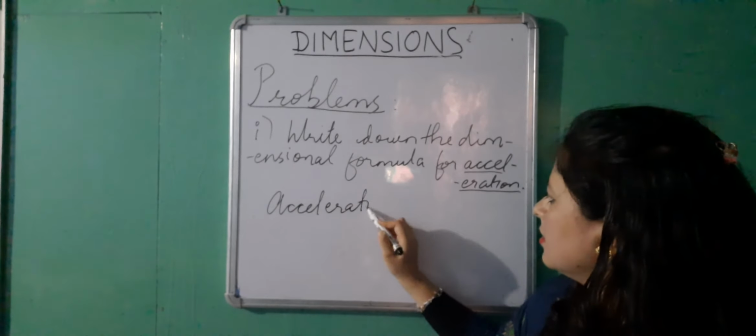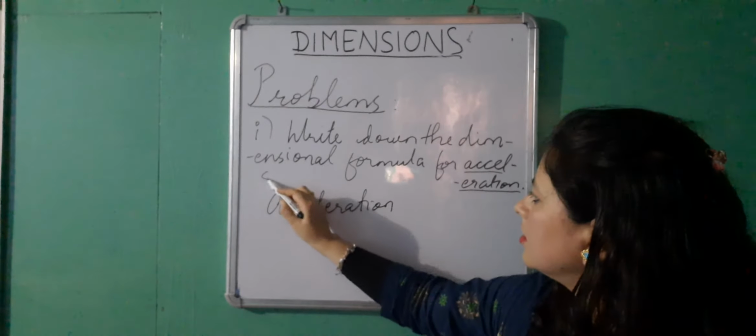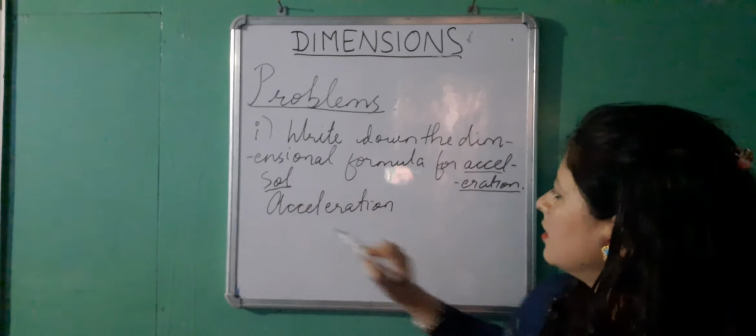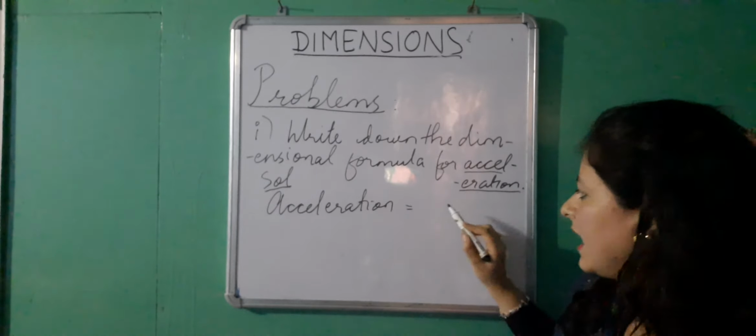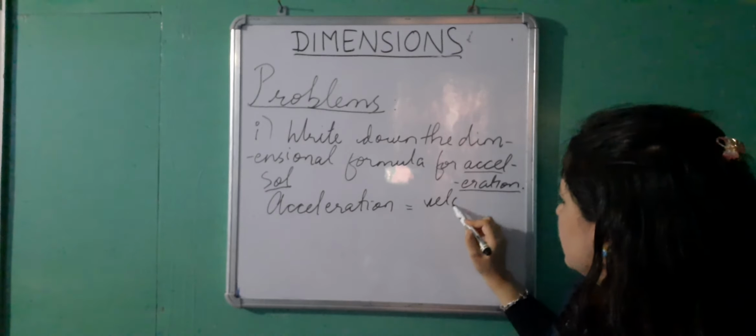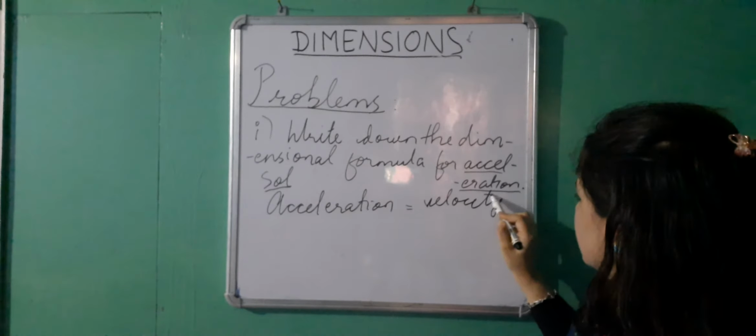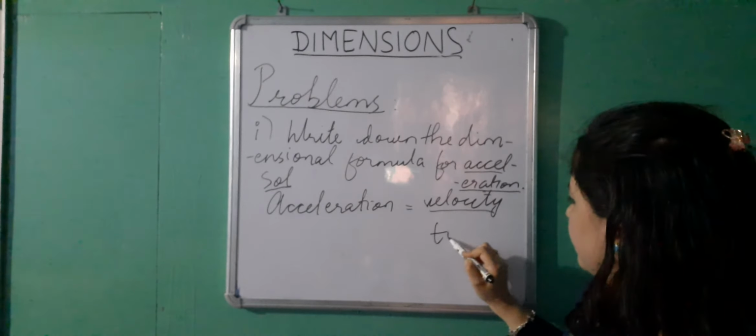Acceleration, okay, is equal to velocity divided by time, or speed divided by time. To be precise, it is velocity divided by time.